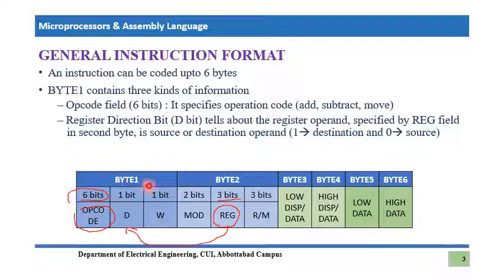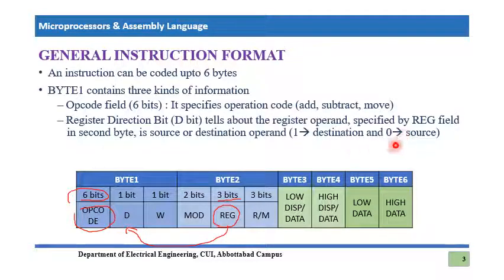Remember, this is our first byte, this is our second byte. The reg field is a 3-bit field and it is related with the D bit.